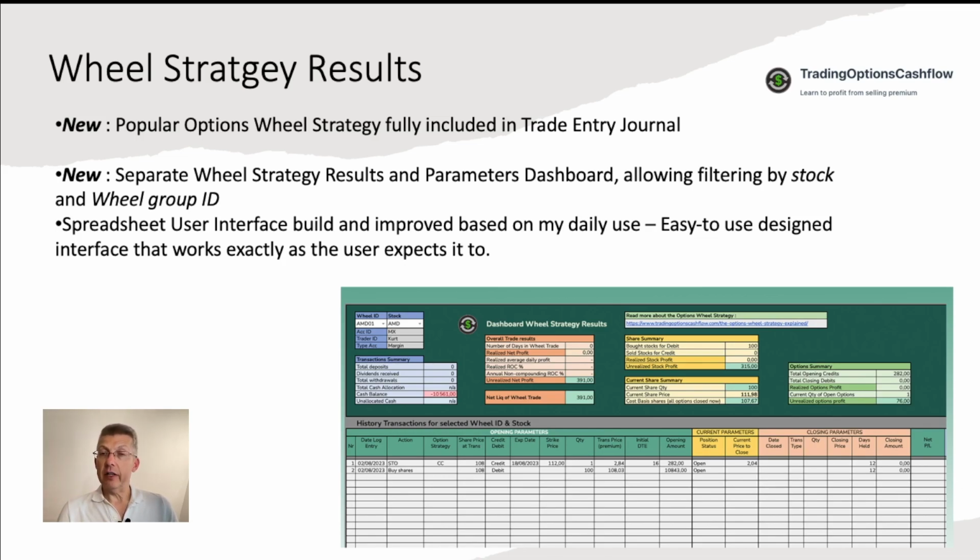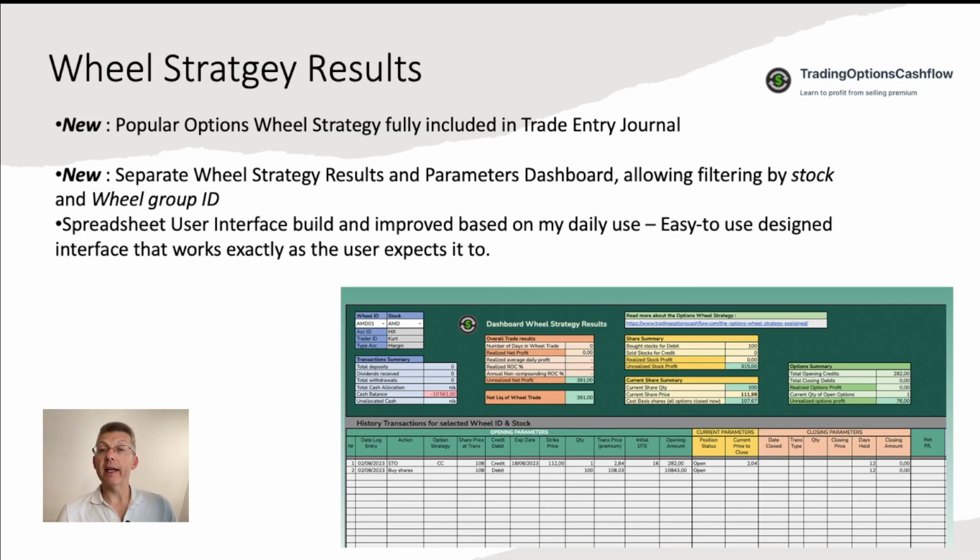During the trade entry, you indicate to what kind of Wheel Strategy group a specific trade belongs, and that can be filtered out, so you can create a report of a specific Wheel Strategy for a specific stock during a specific period. This is a very powerful feature, also answering the questions and demands that I got.